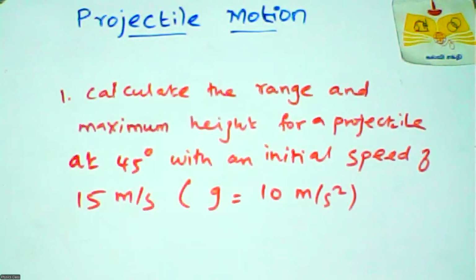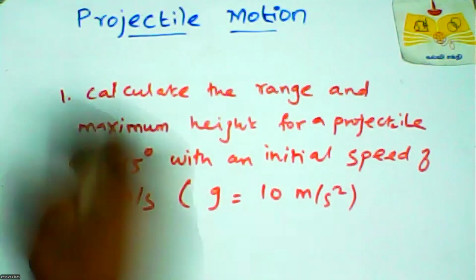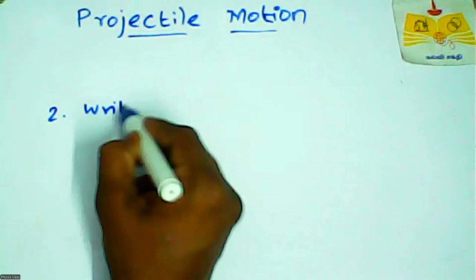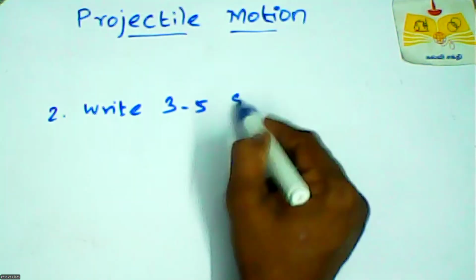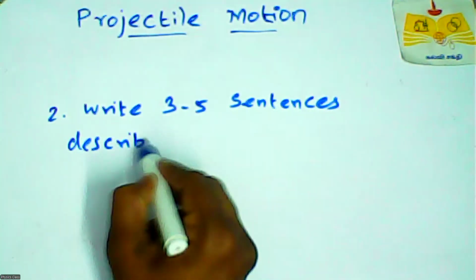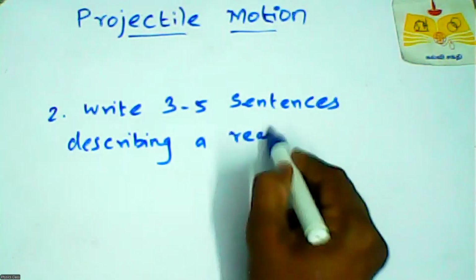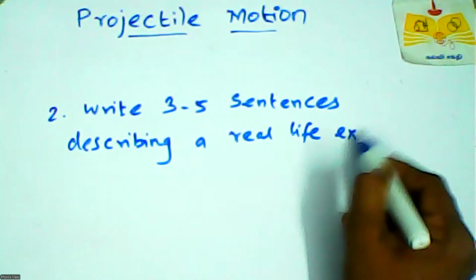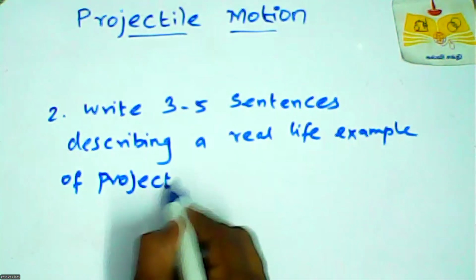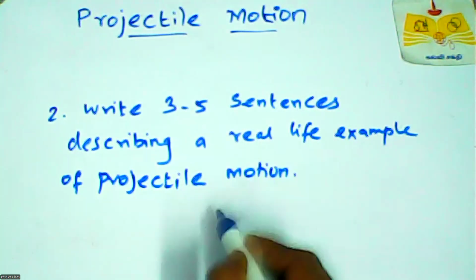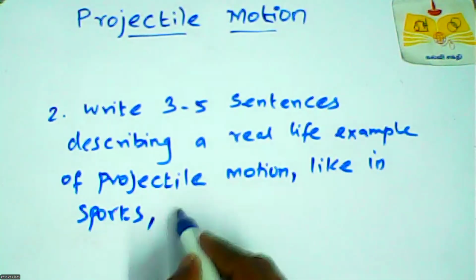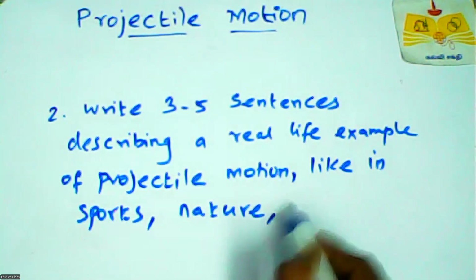Next one: write 5 sentences describing a real life example of projectile motion, like in sports, in nature, or in technology.